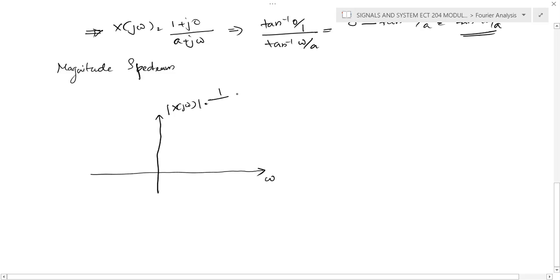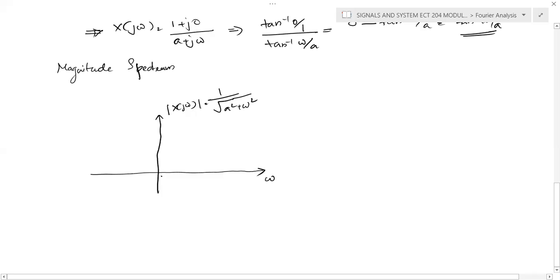And modulus of X of j omega is simply 1 by root of a square plus omega square. Okay, and we don't know the value of a, so we can assume some random values also. We can try different values of omega and substitute here. So this is the omega axis.